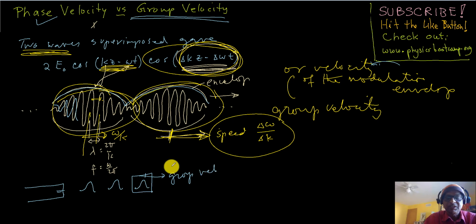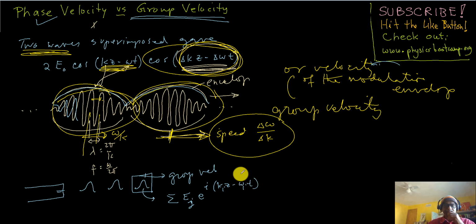A pulse is made up of a sum of e to the power i (k_j z minus omega_j t).